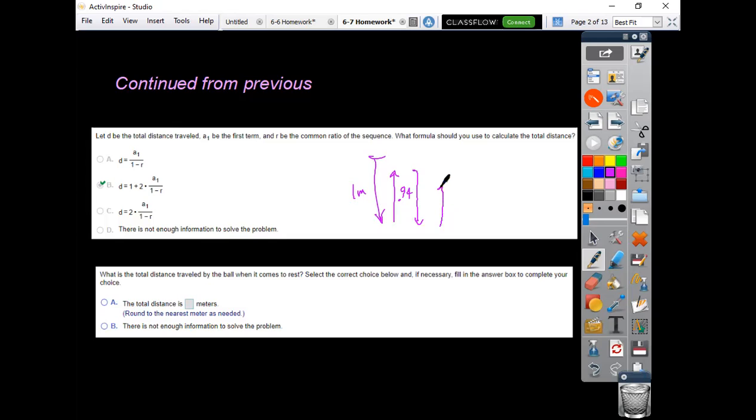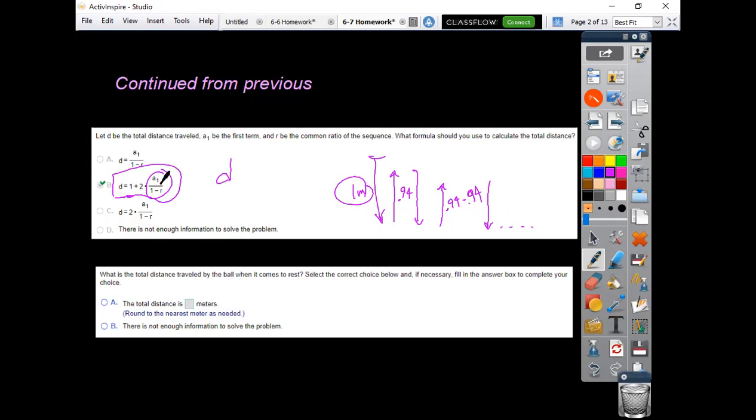And then this next one is going to be 0.94 times 0.94, and it goes back and it keeps going like that. So you've got your 1 meter out in front, and then you've got 2 of everything else, and everything else is calculated using that formula right there. So you're going to have 1 meter and 2 of each of the other terms added up.